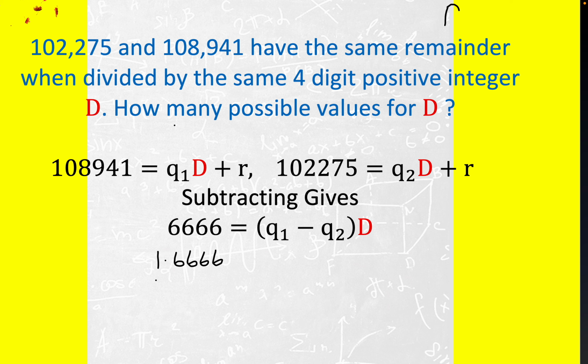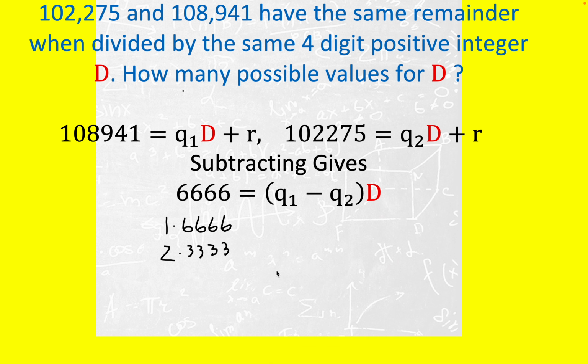But also you have 2 times 3, 3, 3, 3. That would also be another 4-digit divisor. And what else do we have here? We have 3 times 2, 2, 2, 2. And then the last one that will produce 4-digit divisors will be 6 times 1, 1, 1, 1.